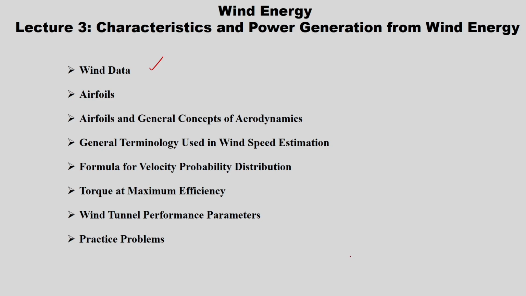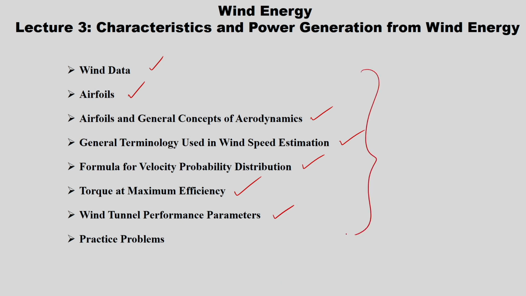So, today, in this continuation of characteristics and power generation from wind energy, we would be covering airfoils and general concepts of aerodynamics, general terminology used in wind speed estimation, formula for velocity probability distribution, torque at maximum efficiency, and wind tunnel performance parameters.